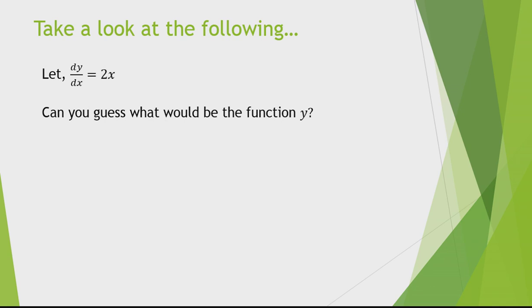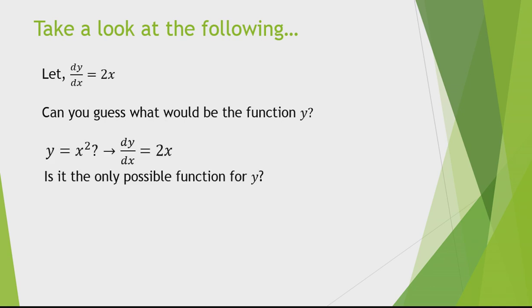But the other important thing is, is that the only function that we can differentiate to get 2x? No. What about y equal x squared plus 1? If you differentiate x squared plus 1, you still get 2x, because when you differentiate a constant value, that becomes 0.